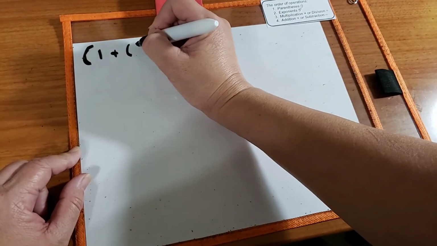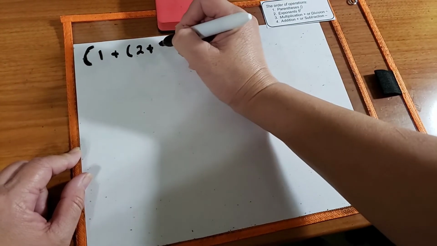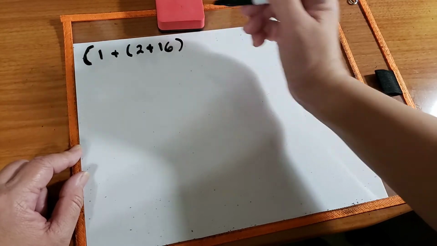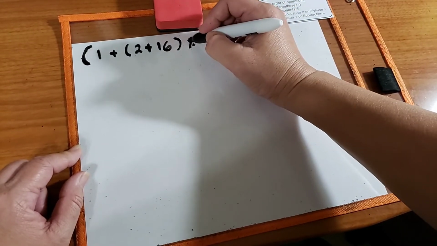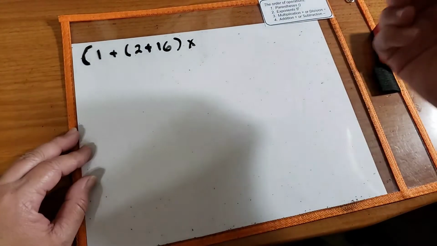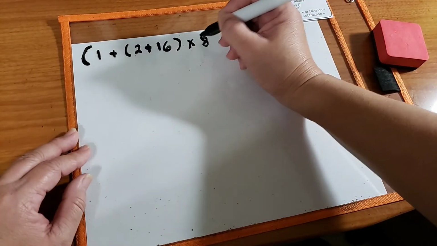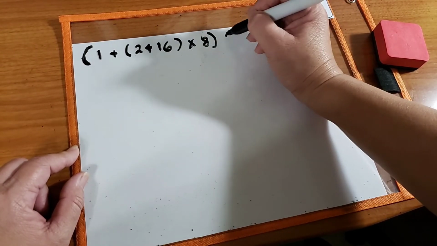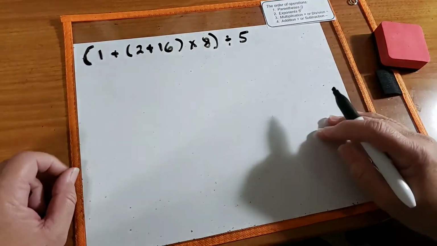Then here, I have 2 plus 16. Put this in, and times 8. Here's a big parenthesis, and divided by 5. Alright.